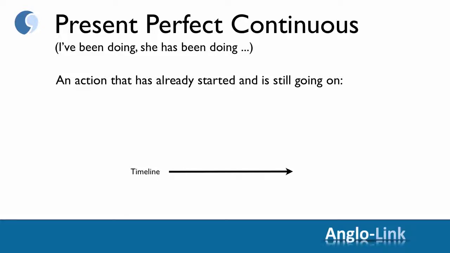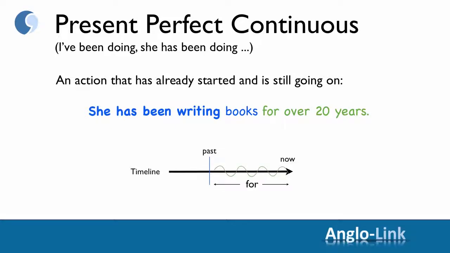Let's look at the timeline and the example together. She has been writing books for over 20 years. You can also use the word since with this tense. For example, since she was 18. She has been writing books since she was 18.